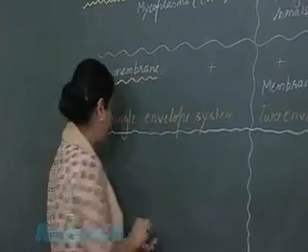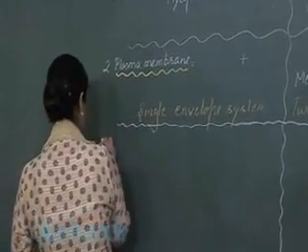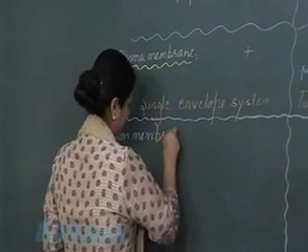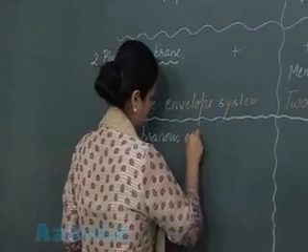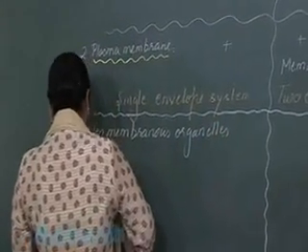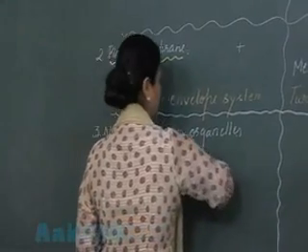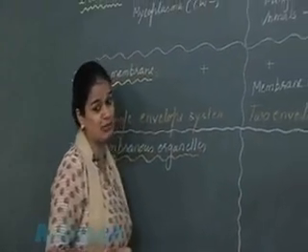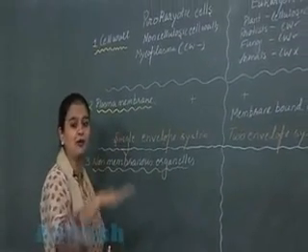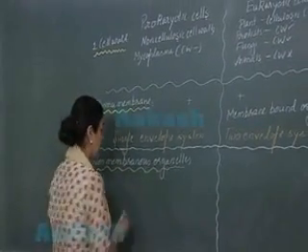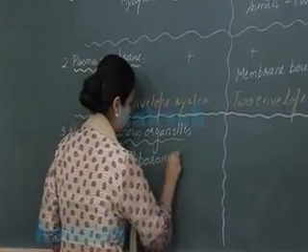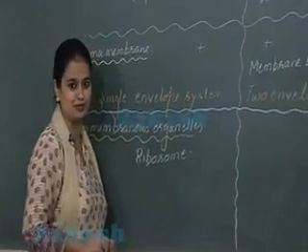Now coming to the next point. Membrane bound organelles, in the prokaryotes, are absent, but please keep in mind that the non-membranous organelle in the prokaryote is present, and I have discussed in the previous chapter that this organelle is the ribosome.